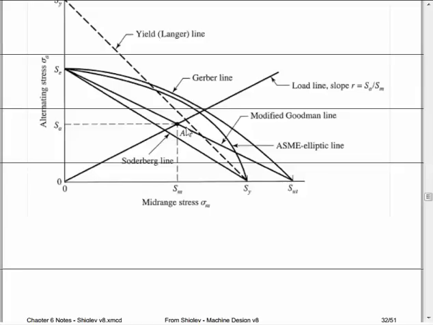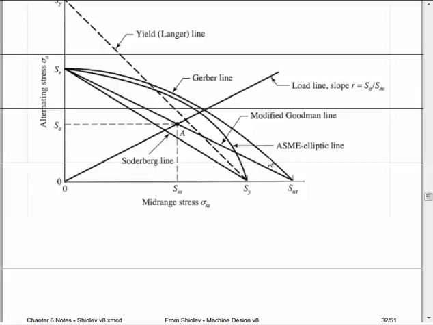So this straight line that passes through endurance limit and ultimate tensile is called the Goodman line, or the modified Goodman line. There's another curve that passes through those same 2 points. You can see 2 curves passing through that point; the other is called the Gerber line. The Gerber is more accurate, but the Goodman is more conservative.